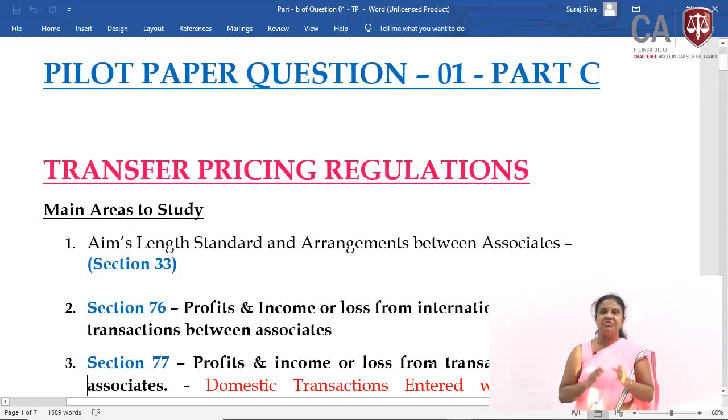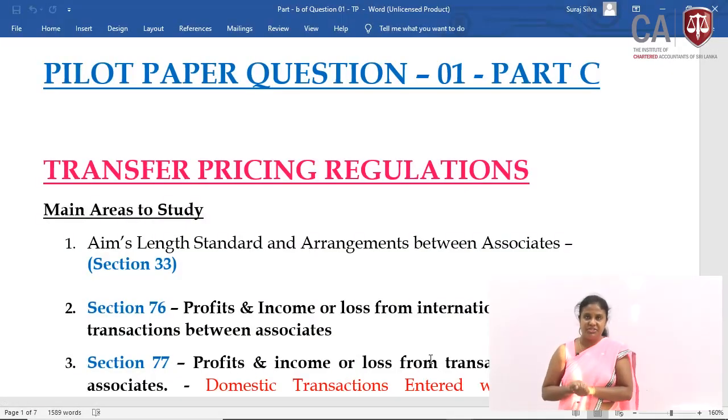Then we will go directly to the transfer pricing requirements in the pilot paper question: pilot paper question 1 part C, transfer pricing regulations.